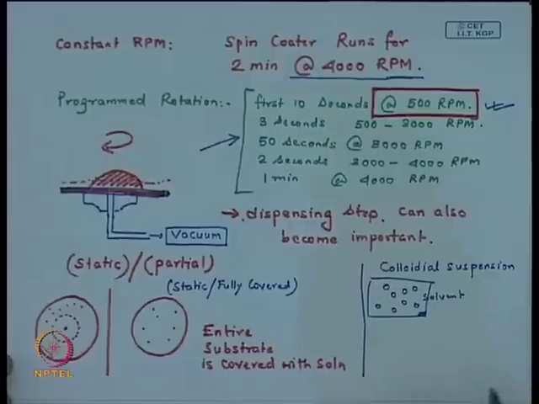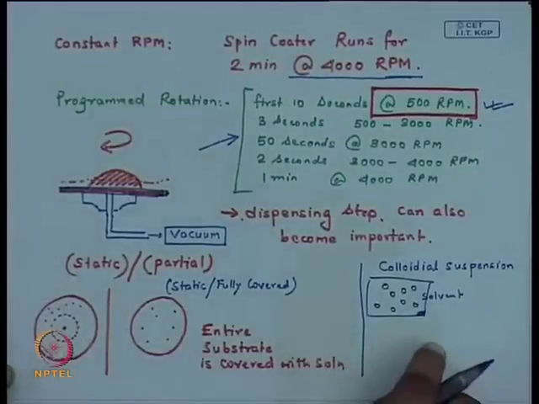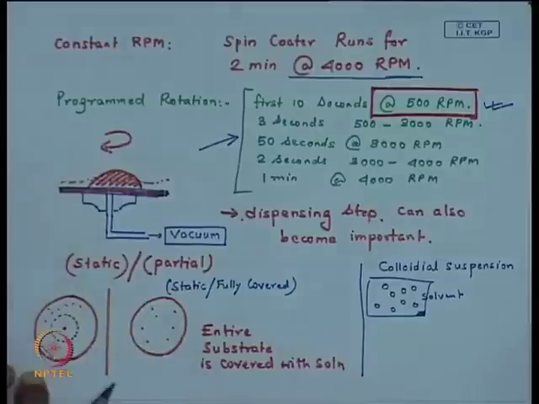Many times it is seen that with a colloidal suspension, if you go for a static dispensing, the areas over which you initially dispense the drop, the concentration of the colloid particles remains high over those areas, even after spinning they do not get evenly distributed on the surface.